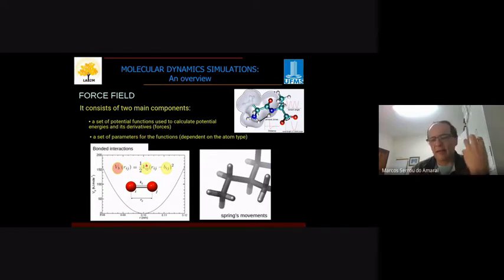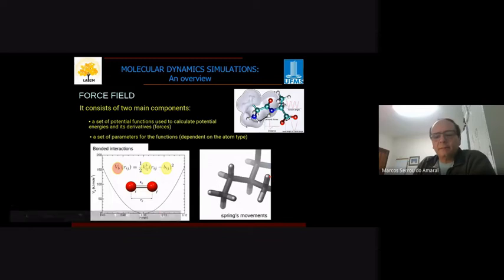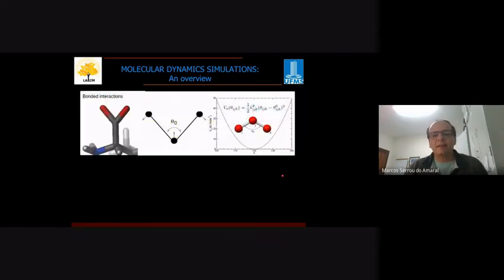If you change to a carbon and a hydrogen, or carbon and oxygen, you have a different spring. So you need this information to run molecular dynamics simulations. Also, part of the information about springs is the equilibrium position, that is B. Okay. Yeah, basically that.